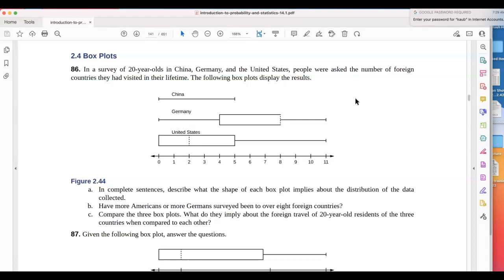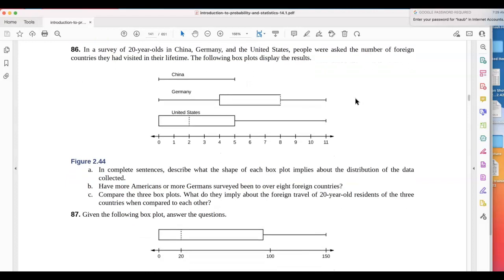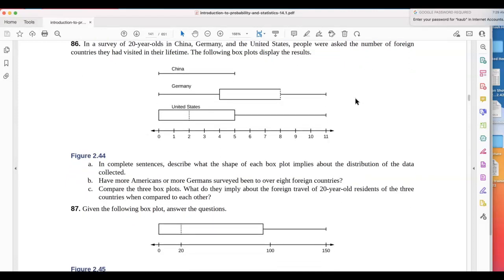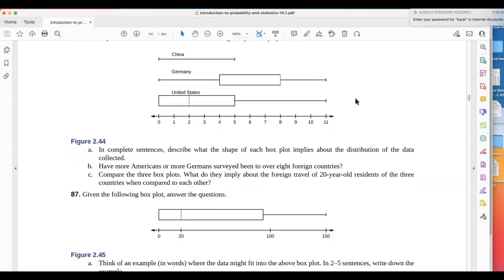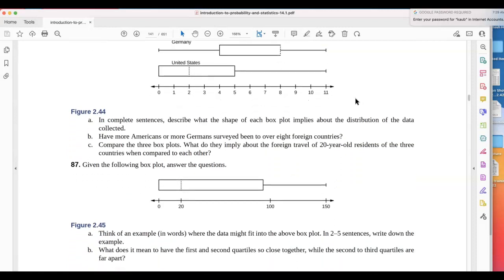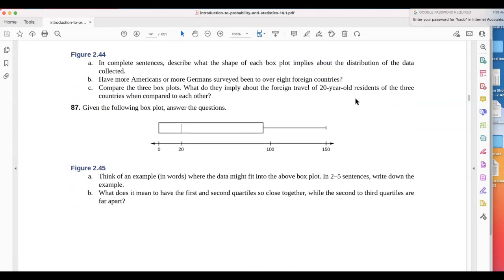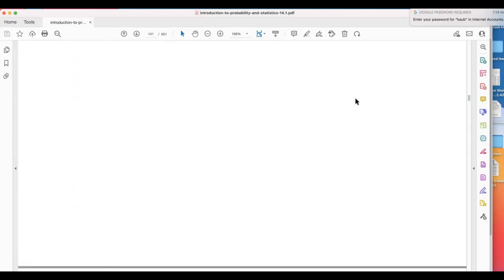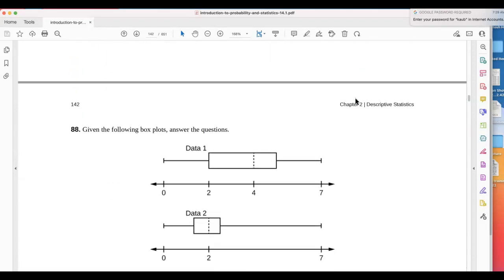China probably would be all 5s, or an even number of 0s and 5s. It has to be uniform there, and it can't have middle numbers, because then you'd have a box in there. Okay, let's look at some other ones here.